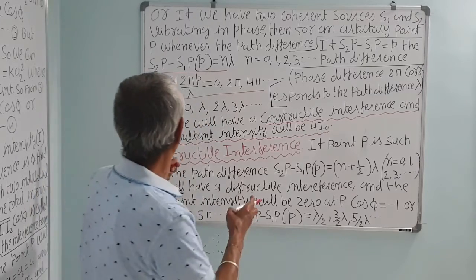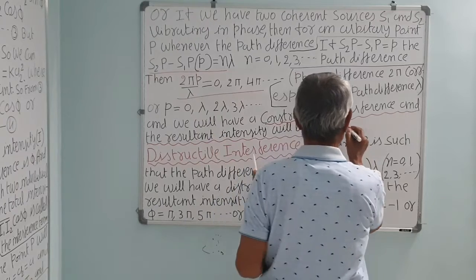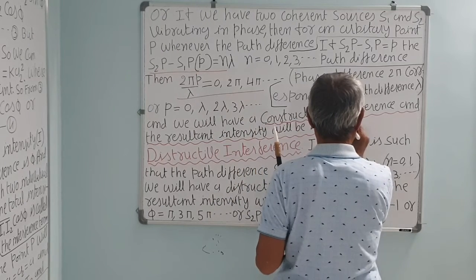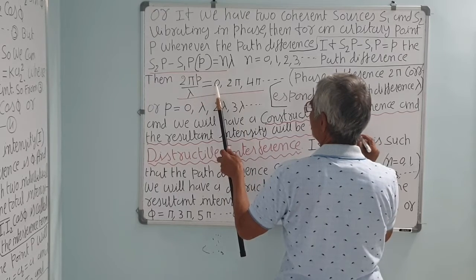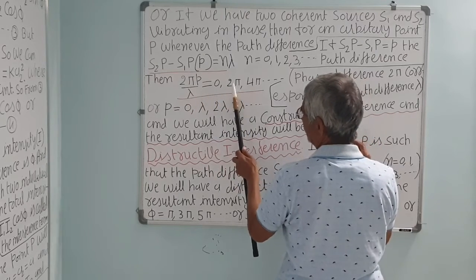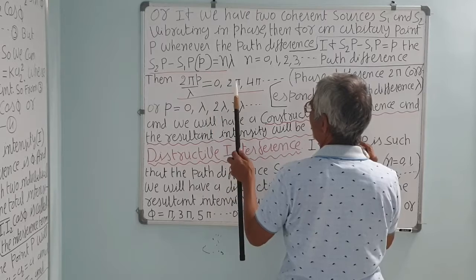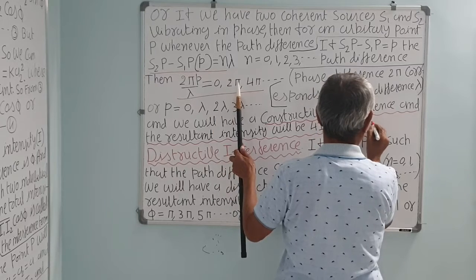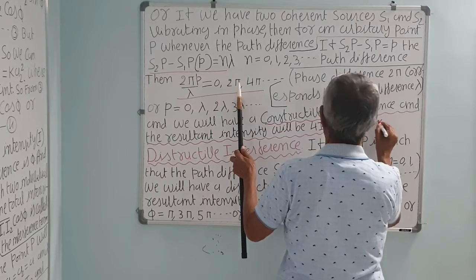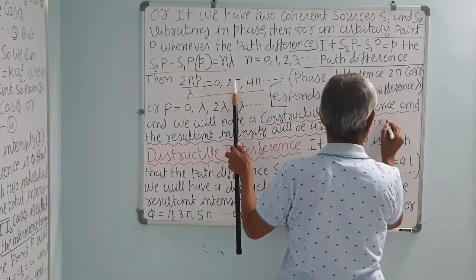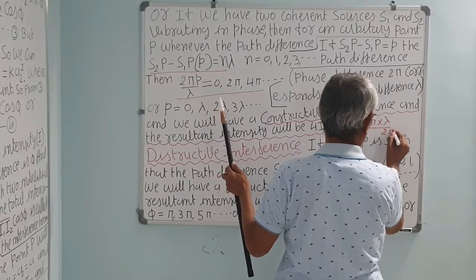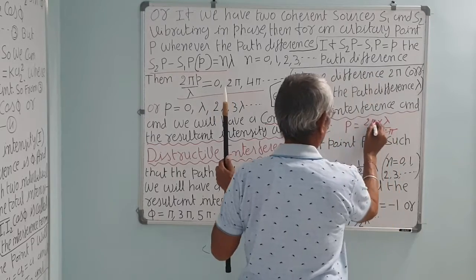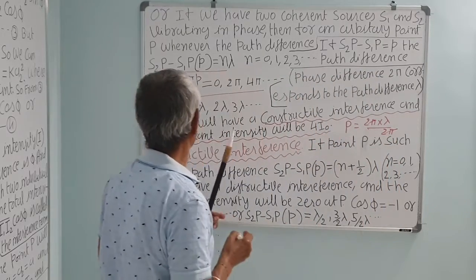Suppose we consider these two equations. Take the first term 0, the path difference will be 0. Let us take the second term, 2 pi: the lambda upon 2 pi goes up, so 2 pi cancels and the path difference is lambda.